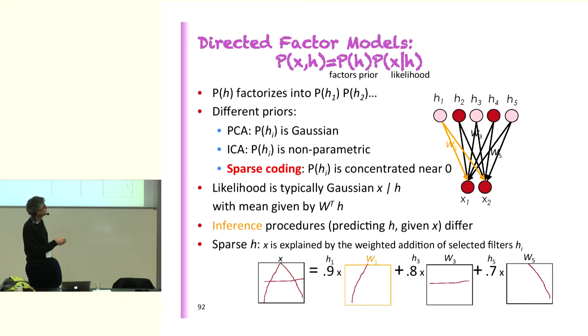In sparse coding, we assume that P of H has a high probability of being 0 or near 0. So basically, those numbers are often 0. That's what we're assuming, or close to 0.